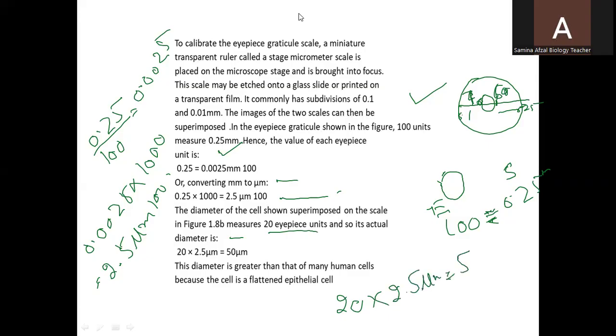It will become 50 micrometer. So in this way, we have calibrated. In all magnifications in which you are making use of the eyepiece reticule or stage micrometer, you have to perform this calibration. Then you will find out the magnification.